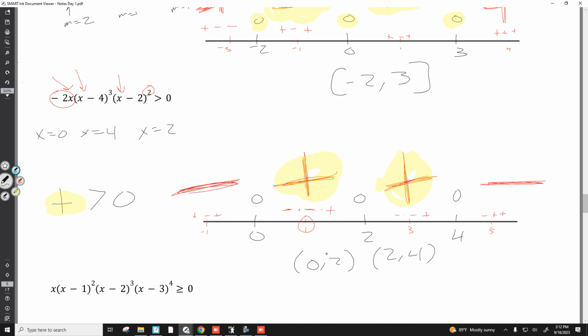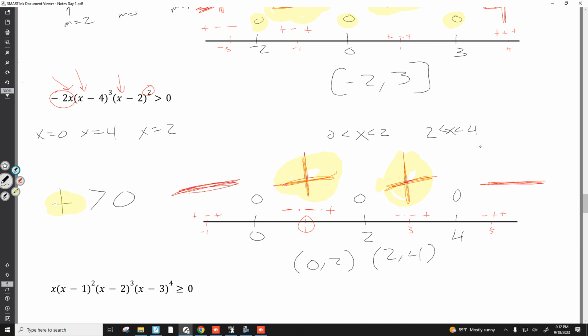You can do inequality notation, say x is between 0 and 2, x is between 2 and 4. Cool. You prefer one or the other? Don't care, you have to be able to do both. Do you like that x is positive between 0 and 4, but not 2?